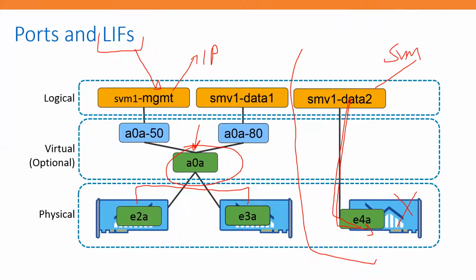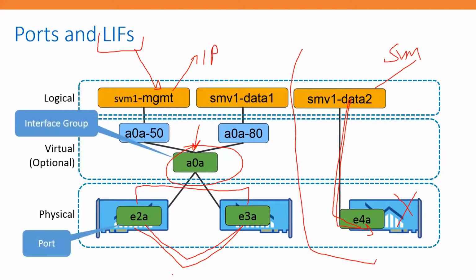It depends on how you set up this group, but you are getting high availability and fault tolerance because the SVM is pointing to a LIF, which is pointing to an interface group. So just try to understand. There's again a lot more when it comes to networking. There is a physical port, you can create a group. You could also have virtual LANs used for trunking in between. So there's a lot you could add on.